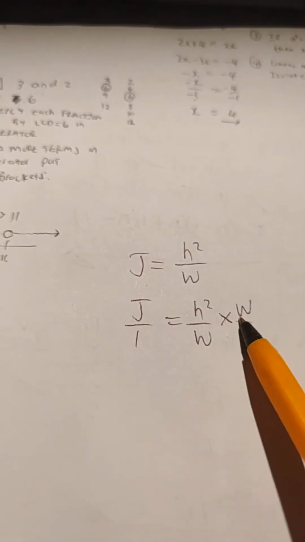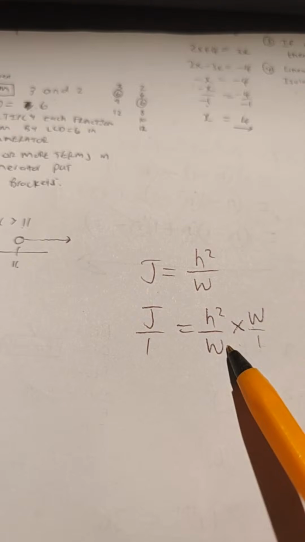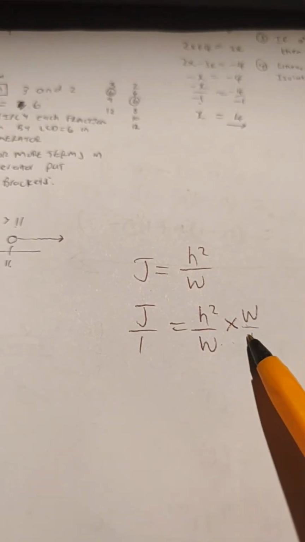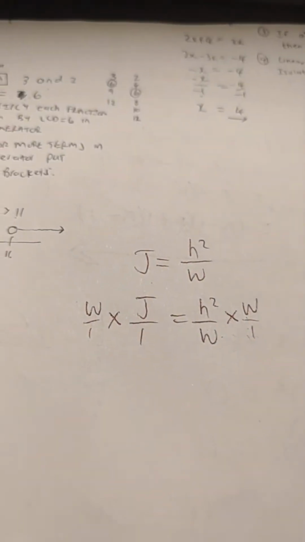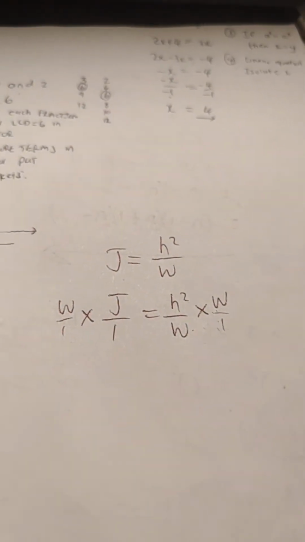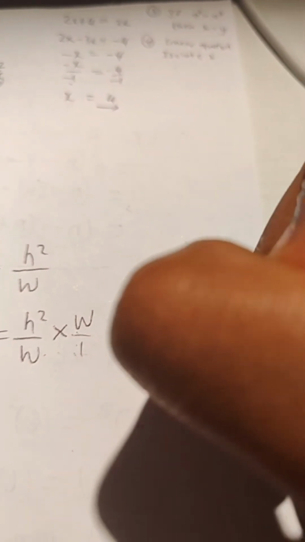Why w in the numerator? That's how the w in the denominator will be got rid of. But remember, with equations, to balance them, what you do on one side, you must do on the other. So I'm going to multiply by the same thing on the right. We call this, guys, the multiplicative inverse.